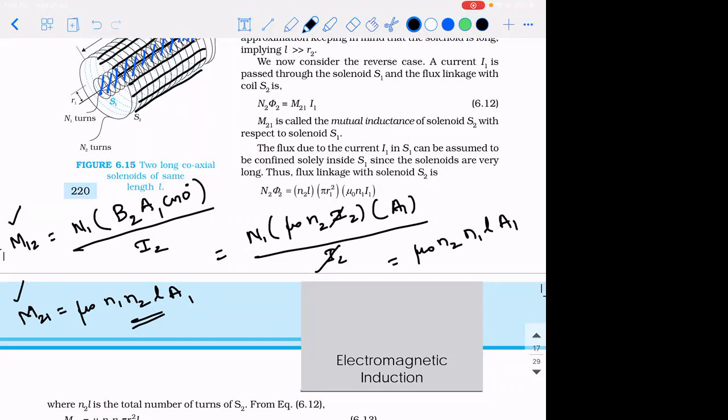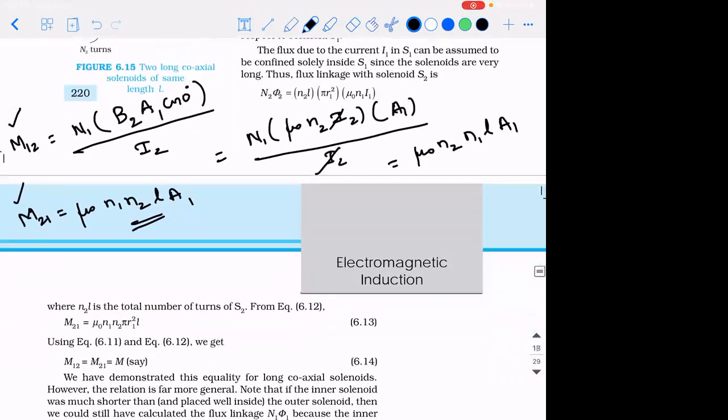Please make a note of this point. Provided what condition is satisfied? They both are of the same length. So M21 is equal to M12, which can be called capital M. You need to remember this expression because questions are asked based on this. Sometimes, instead of A1, you write it as pi R1 squared. That is the expression they have given you, so you can make a note of that point also.